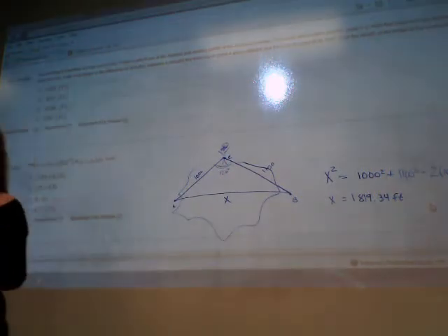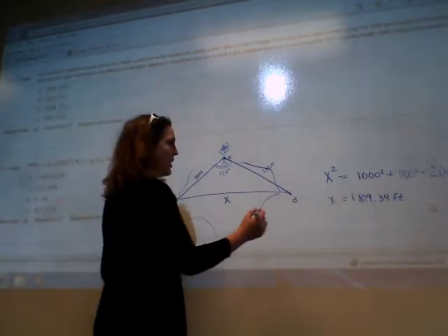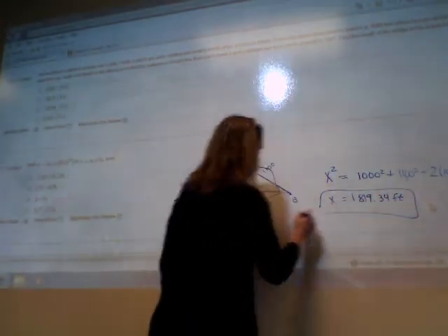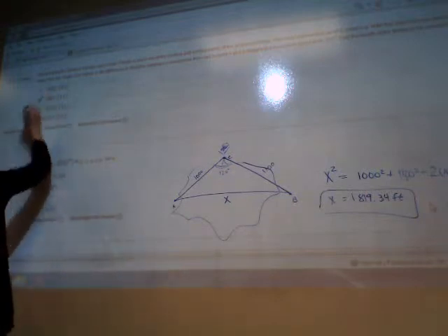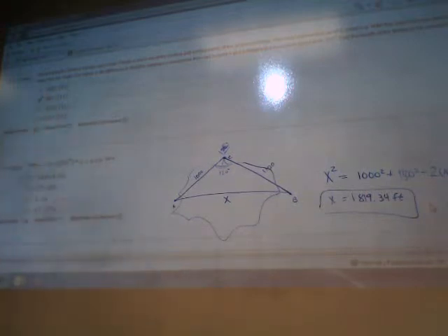We have confirmation of this answer? Yes? Good. Okay. So x here, that's our length, is this. And I'm looking at this going, they're not the right answer. What did we do wrong? Okay, that's this right here, right? Everybody good with this?